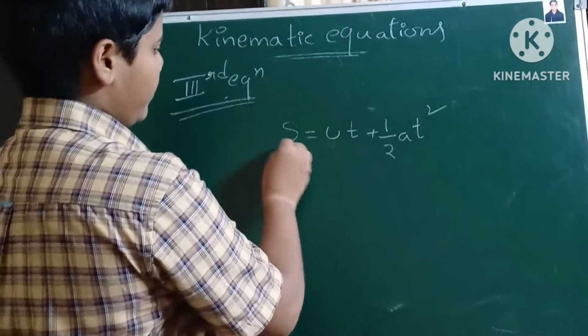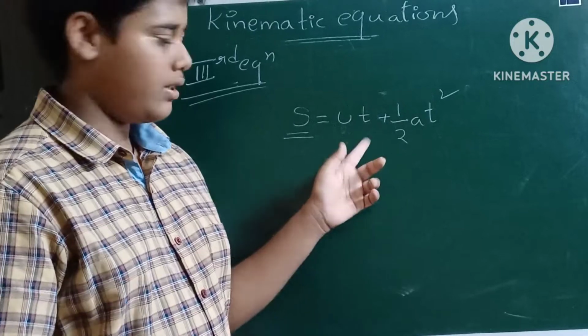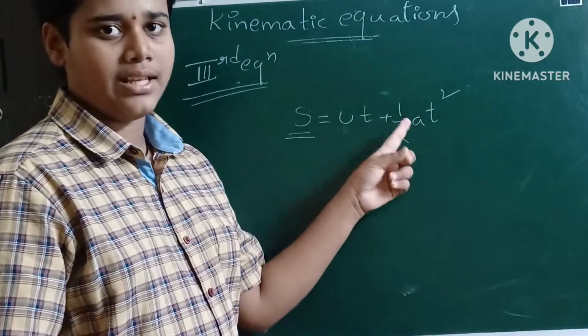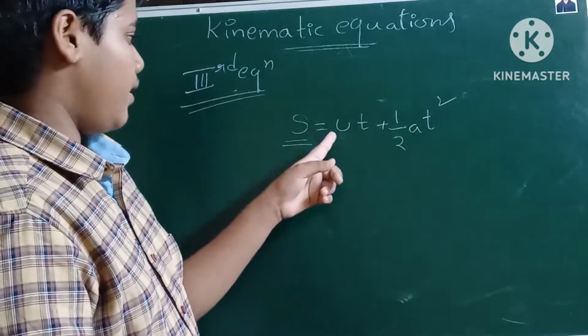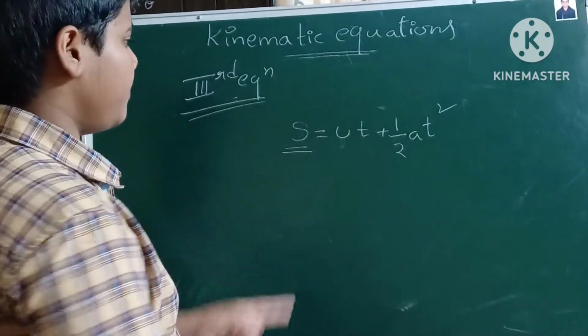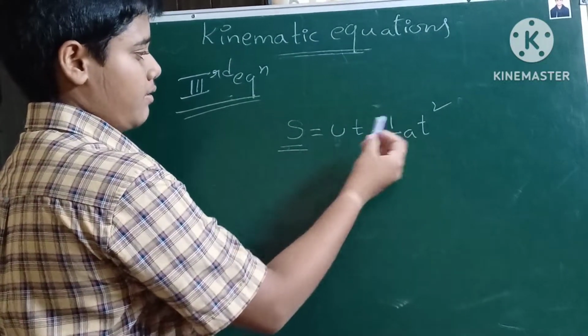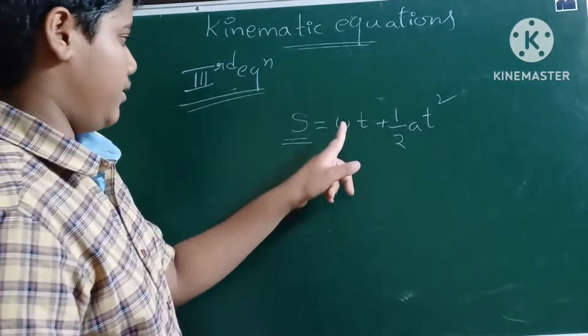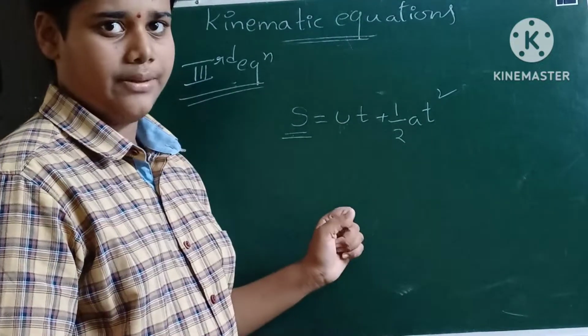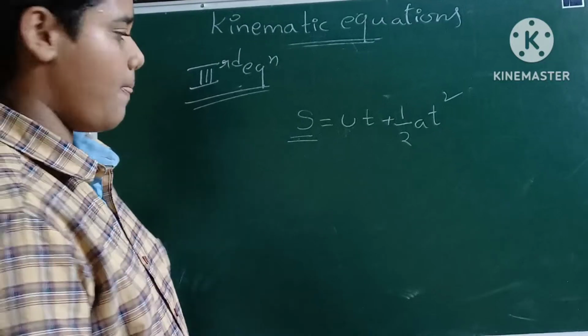We can find distance by this kinematic equation when they mention uniform acceleration and give initial velocity and time. When they give distance, uniform acceleration and initial velocity, we can find time also.